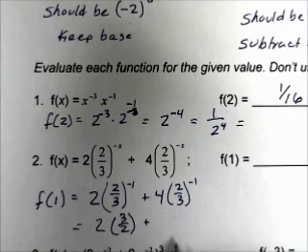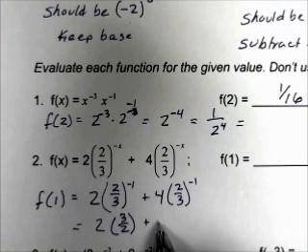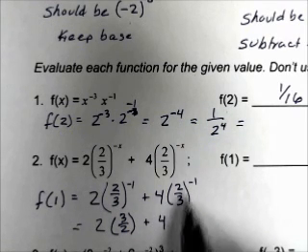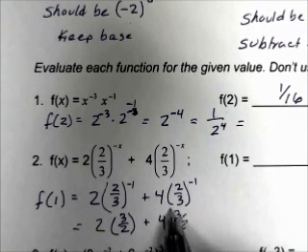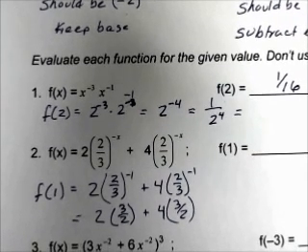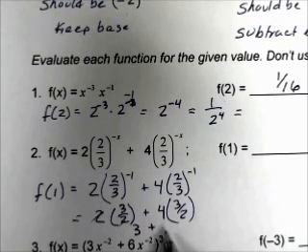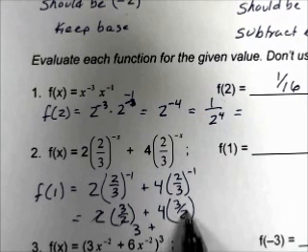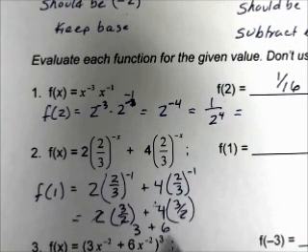And the same with our other exponent of negative 1. This will be 4 times 3/2. 2 times 3/2, 2's divide out, this is 3, plus 4 times 3/2, 2 goes into 4 twice, 2 times 3 is 6. So 3 plus 6 is 9.